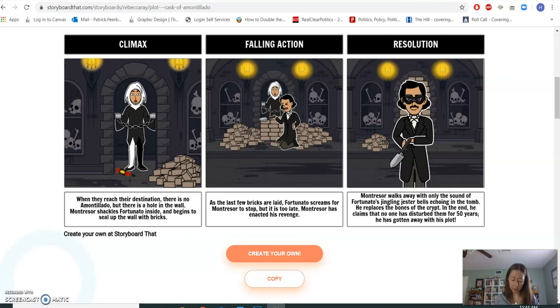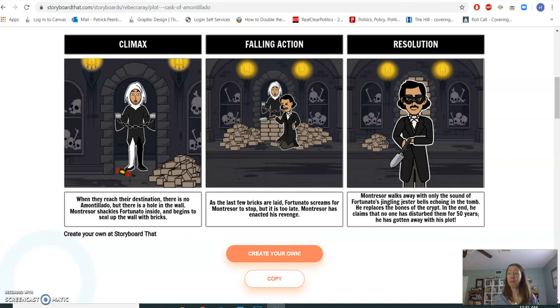So if you look at the very first passage, it reads, "A thousand injuries of Fortunato I had borne as best I could, but when he ventured upon insult, I vowed revenge." And this is all we actually know about what it is that Fortunato has done to anger Montresor. So one would think, because this is such a horrible act, that it must have been a horrible thing that Fortunato's done. But again, our narrator is not trustworthy.